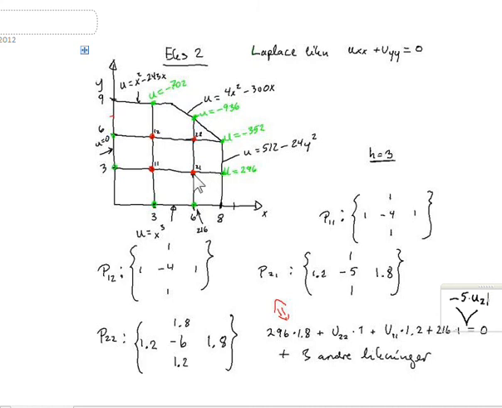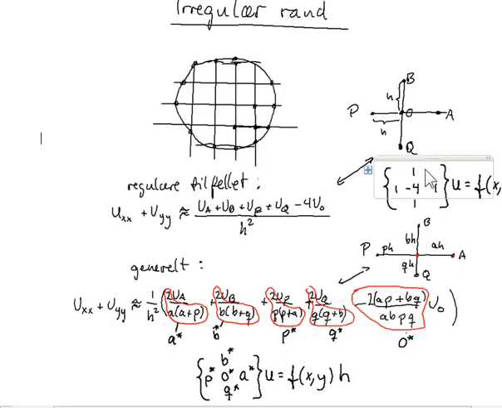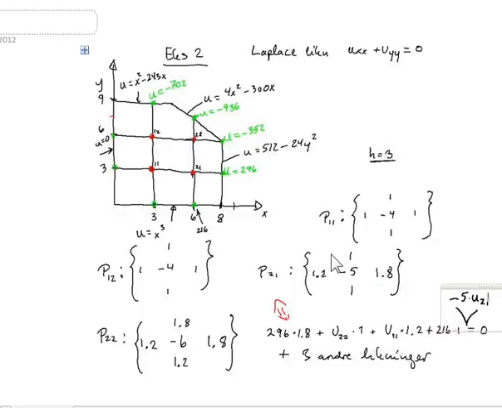Therefore a here must be 2/3. b on the other hand is equal to 1, p is equal to 1, q is equal to 1. So in this case we can compute all these a star, b star, p star, q star by these formulas, and we obtain the following expression.